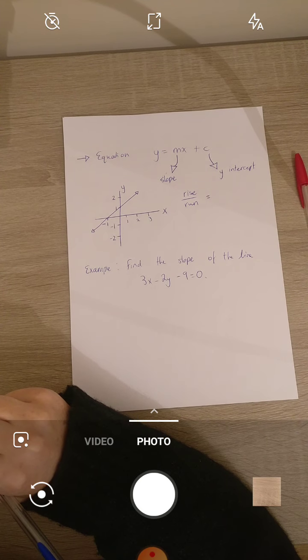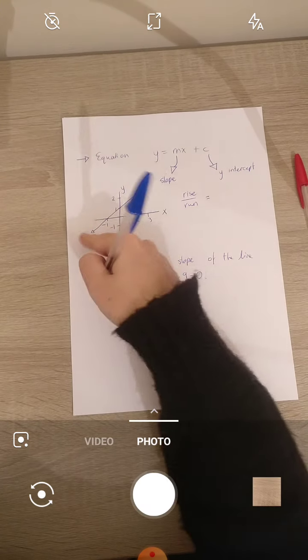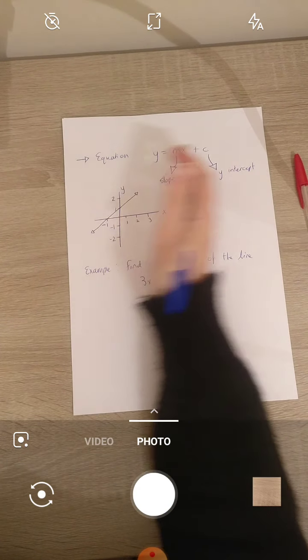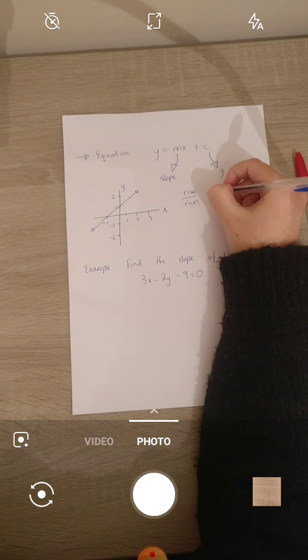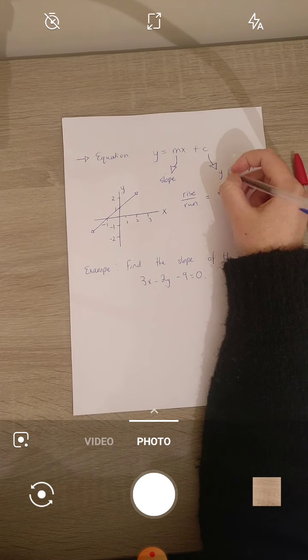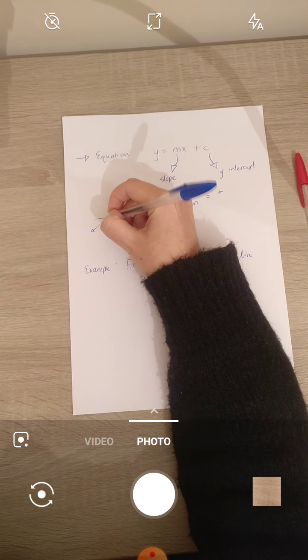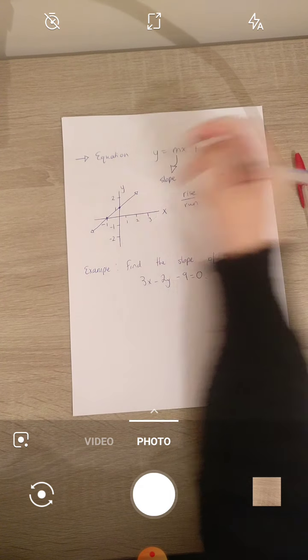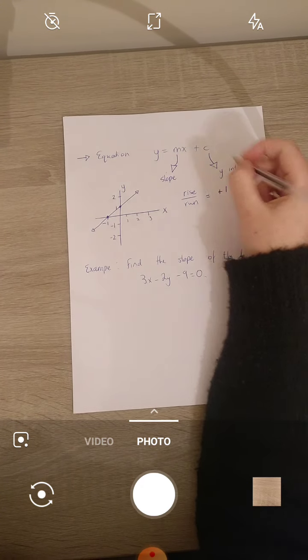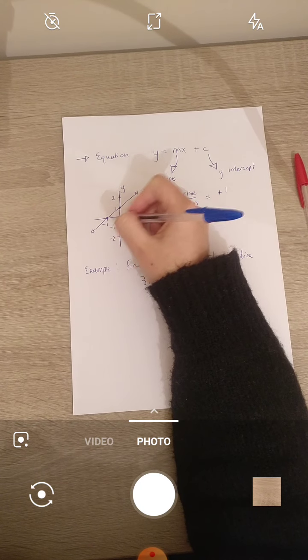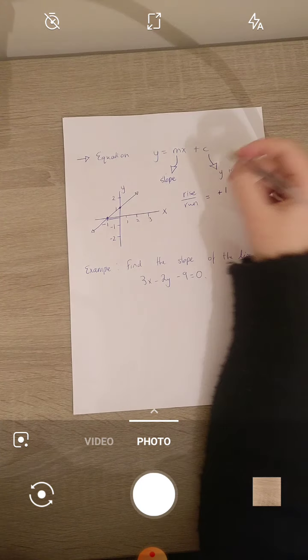So first thing I know is my slope here is positive, because remember it's going uphill from left to right. So our slope is plus the rise between, I'm going to pick these 2 points again. So the rise is 1 over the run, which is the horizontal difference.